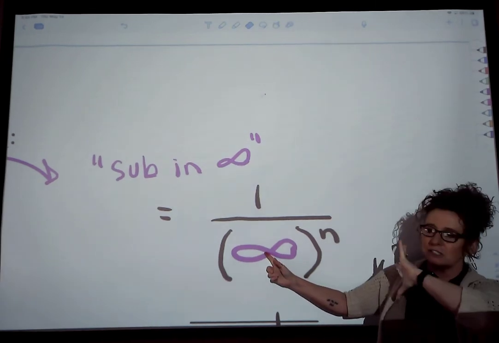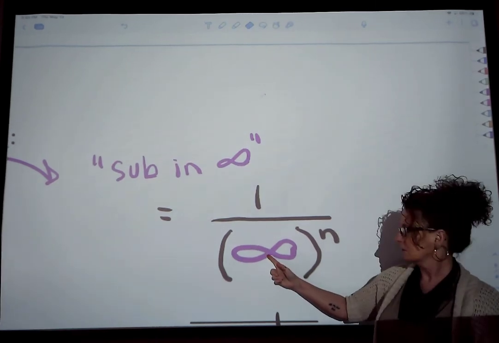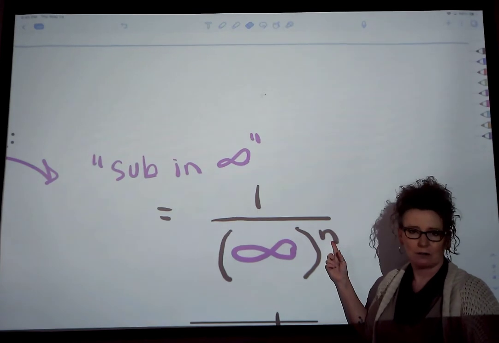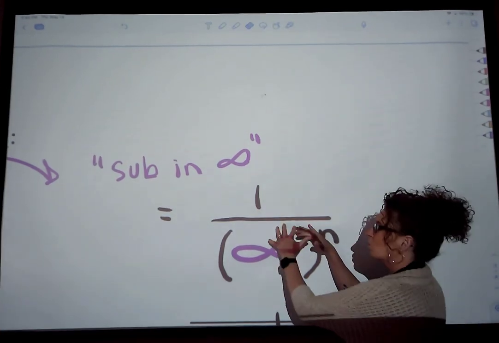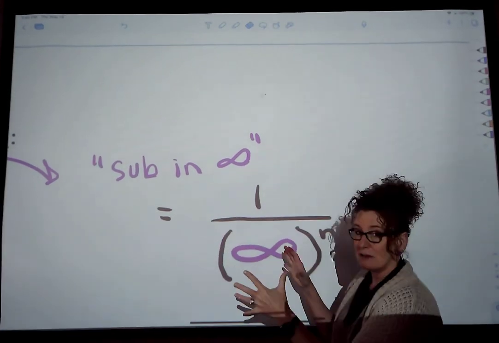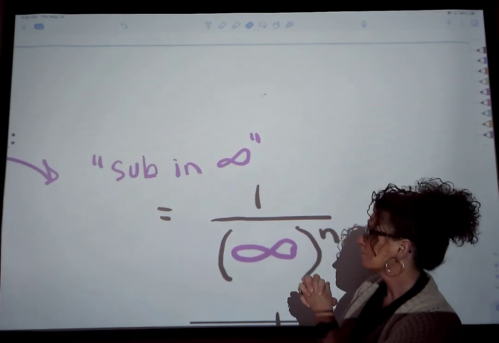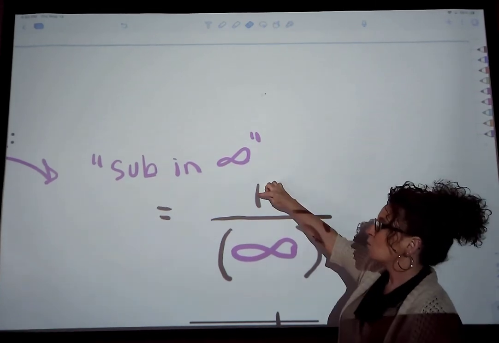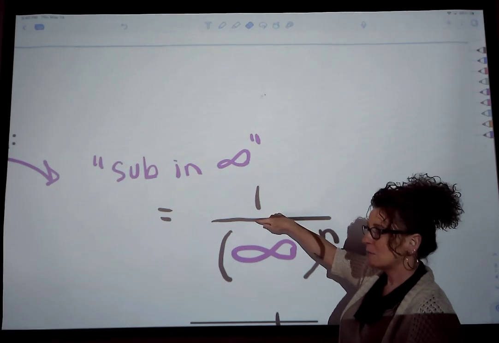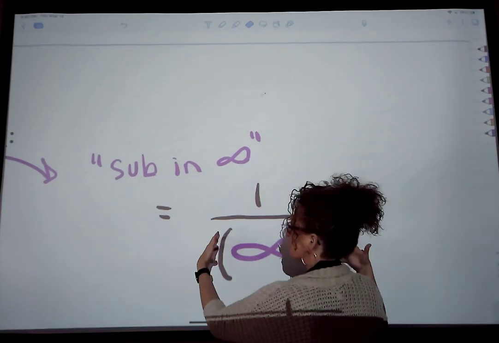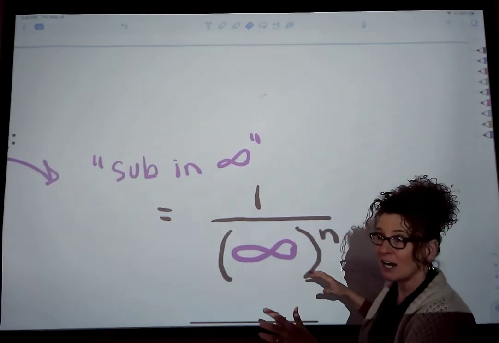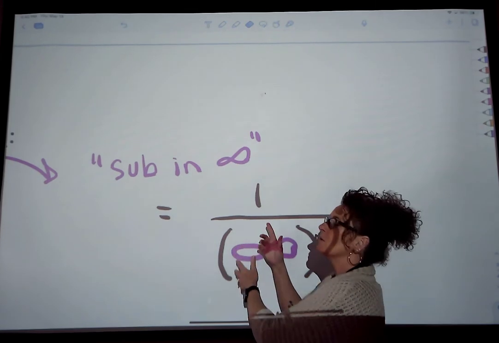Take some ginormous number and raise it to any power. Wouldn't this denominator be even more ginormous? Okay? What is 1 divided by some huge number? How many times does this huge number go into 1? Well, it doesn't.